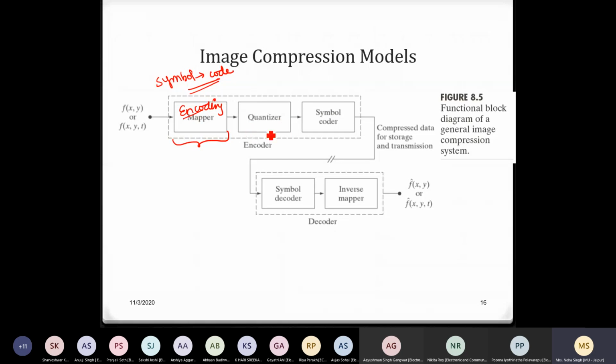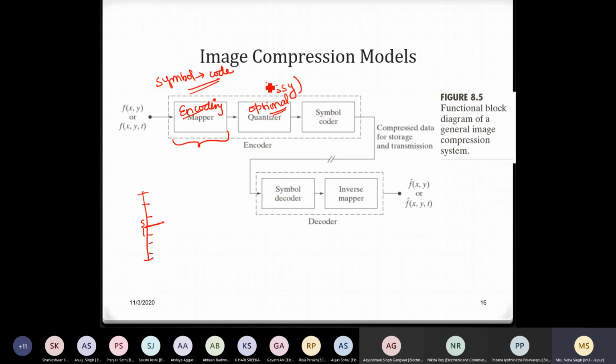Then we may have a quantizer. This is an optional thing. You have studied a quantizer. A quantizer is something which divides the entire range into certain number of intervals and then uses one defined level to represent any value lying in that particular interval, right? This quantizer is generally causing the loss of information.